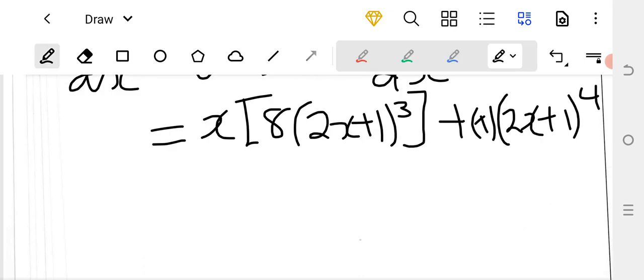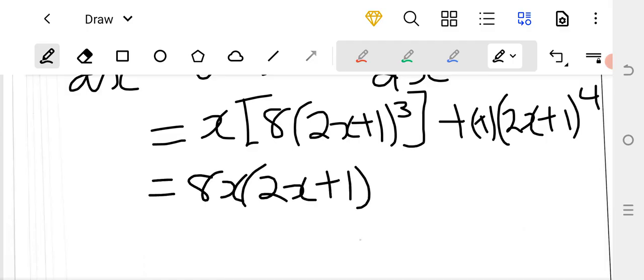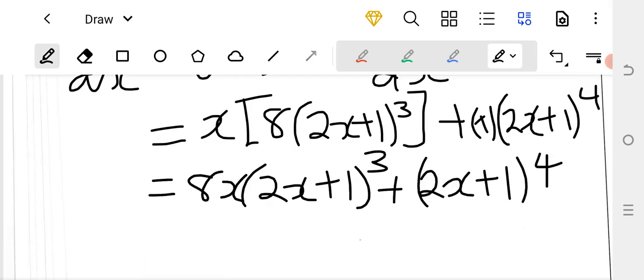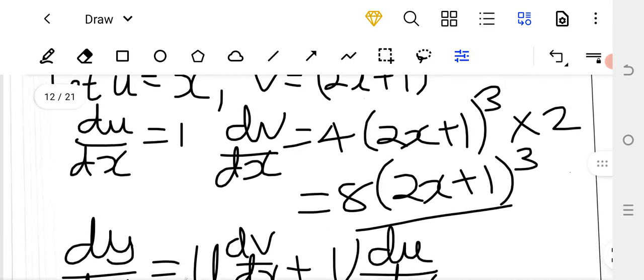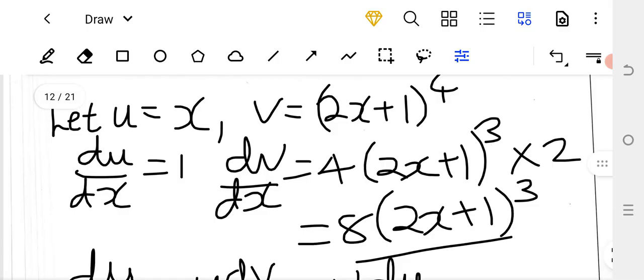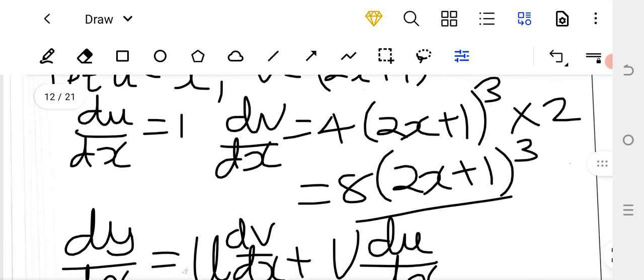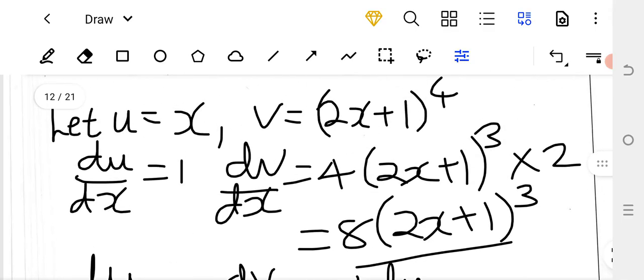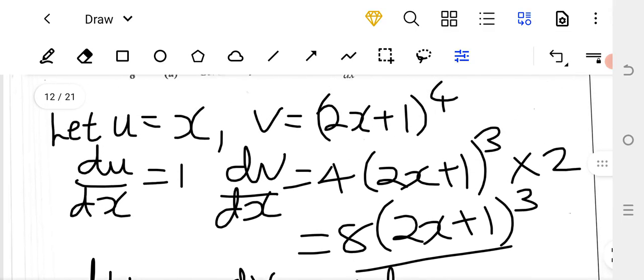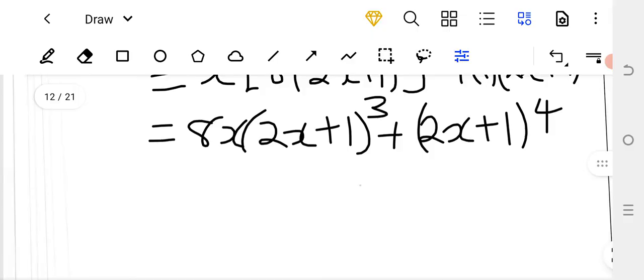To continue, we're going to say it is equal to 8x multiplied by (2x plus 1) raised to the power 3 plus (2x plus 1) raised to the power 4. Because it's x multiplied by it: u dv/dx and then v du/dx, like that.